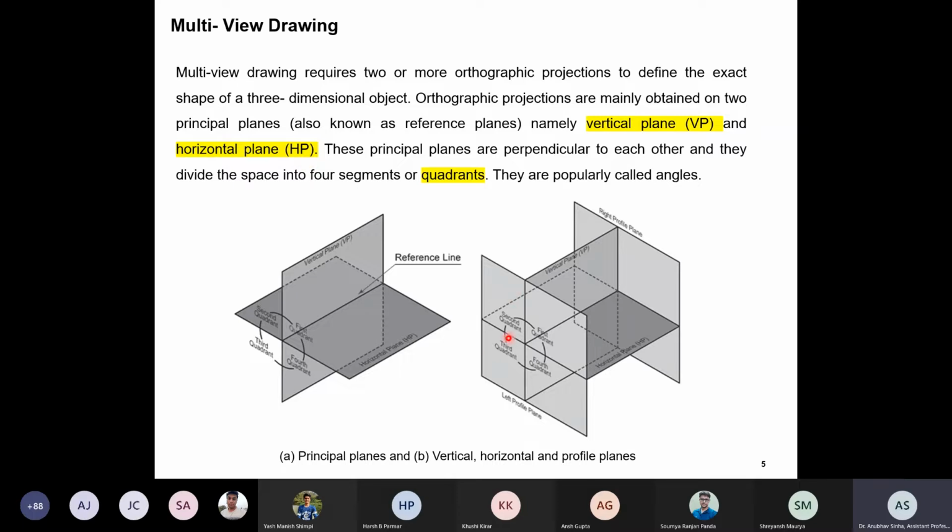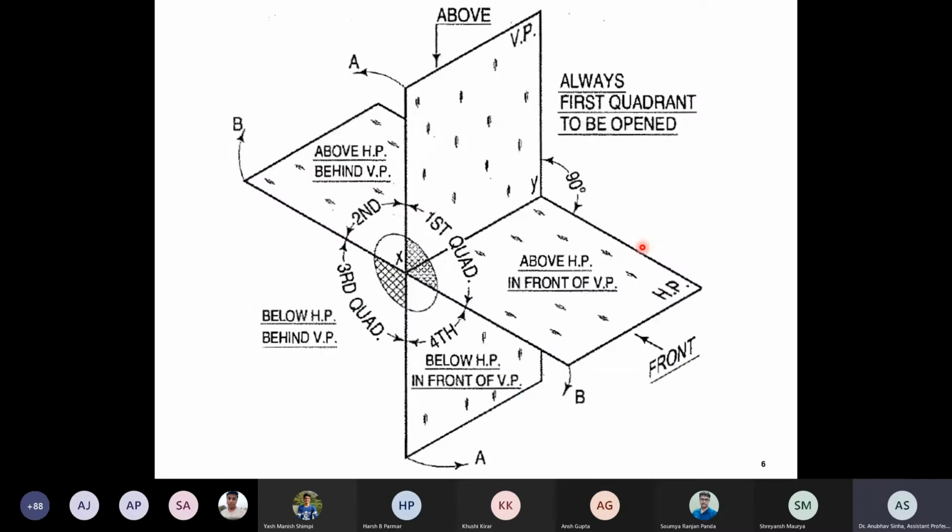We could also have profile planes from the sides, so you can write left profile plane or right profile plane, depending on where it is made. This is very important to understand.